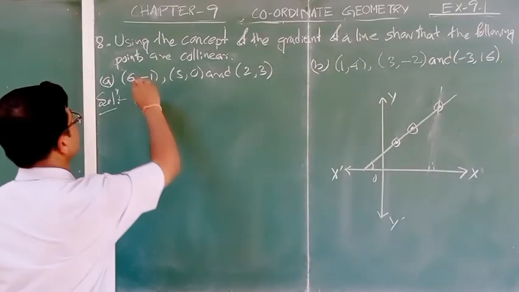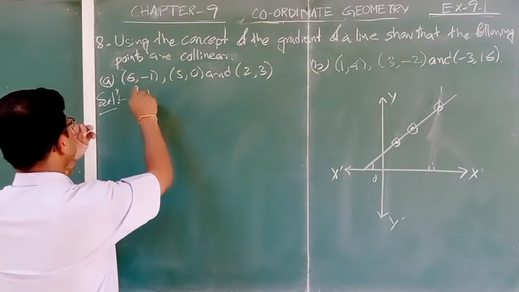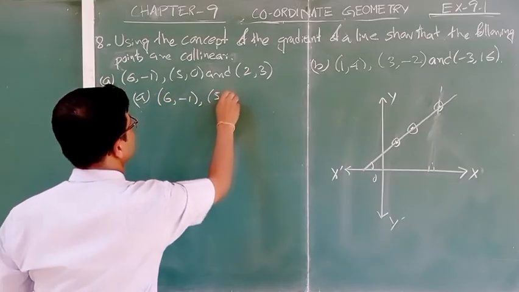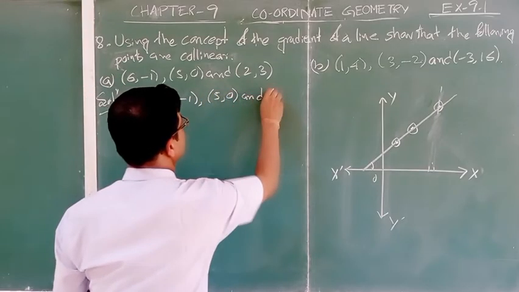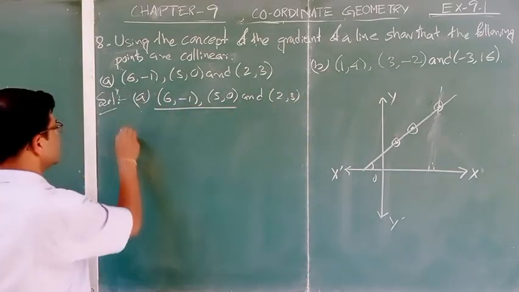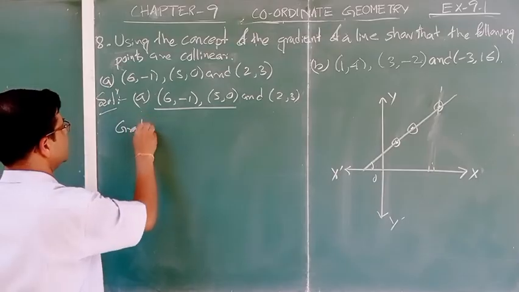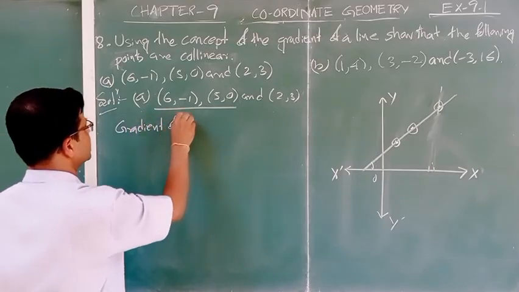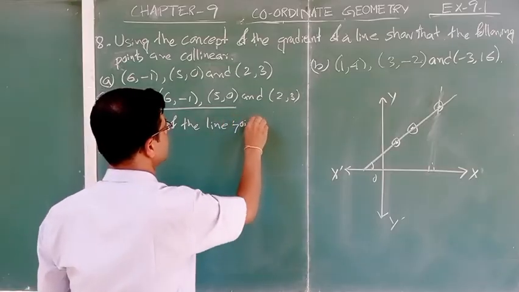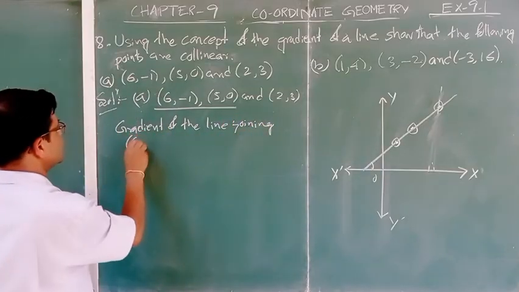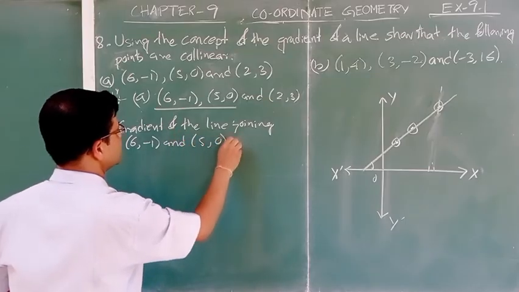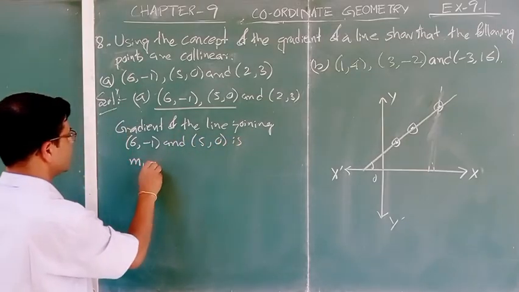Here for part a, the points are 6, -1, 5, 0 and 2, 3. Now let us find the gradient of the line joining 6, -1 and 5, 0, which is denoted by m1.